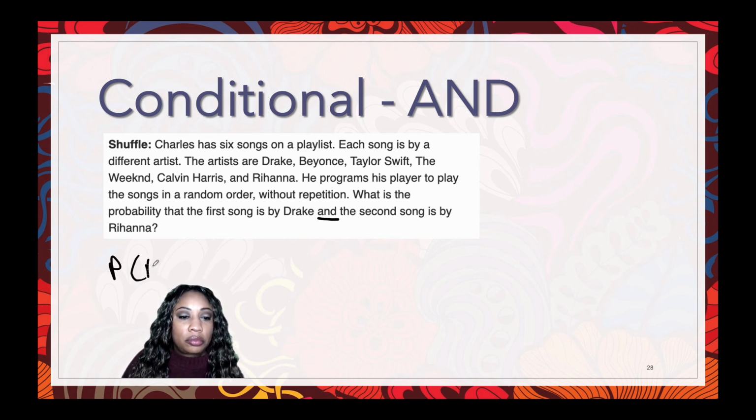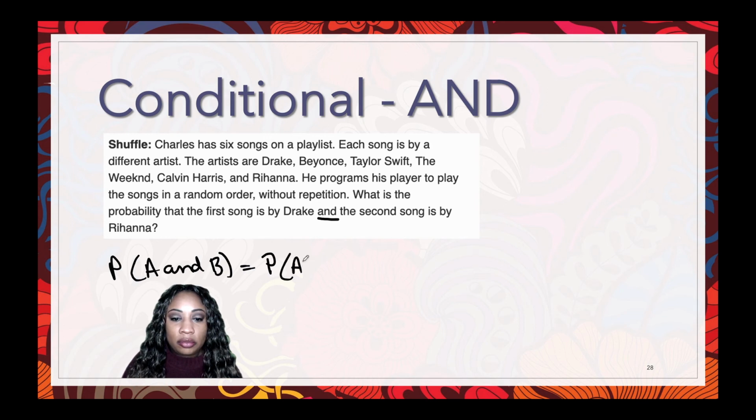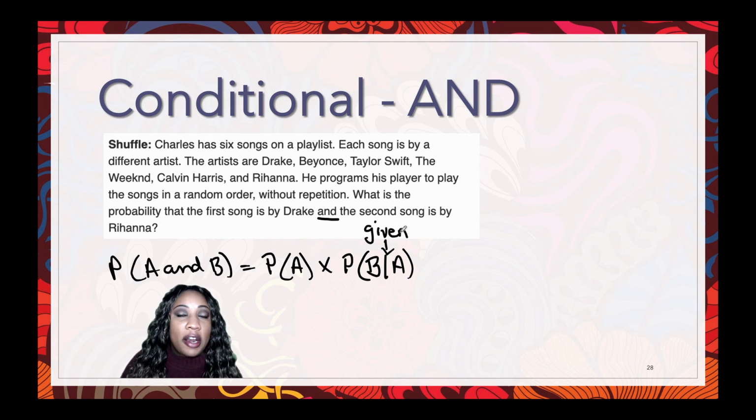So our formula is going to be the probability of A times the probability of B if A happens. Another way you can think about it. So this bar, technically we say given, but another way you can think about it, you can say if instead of given.